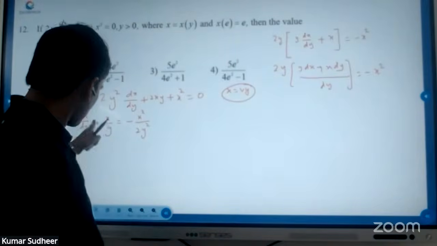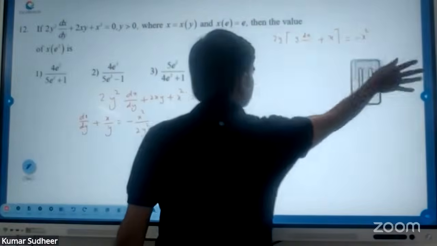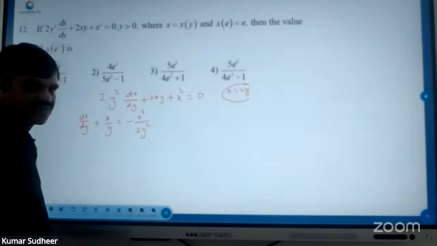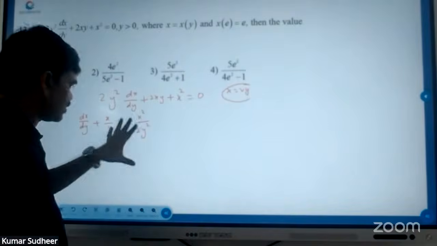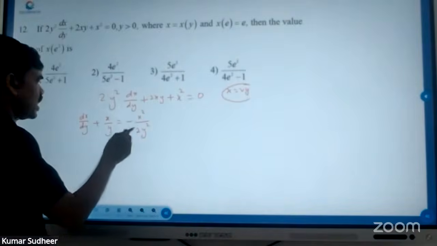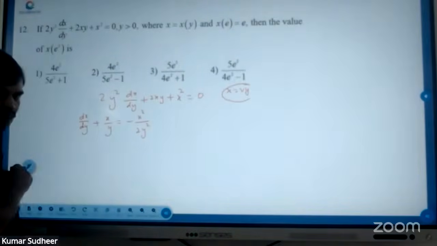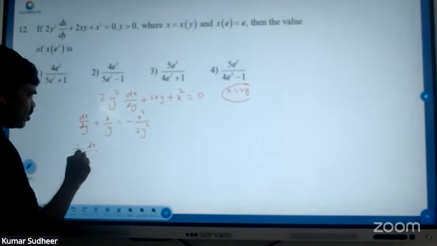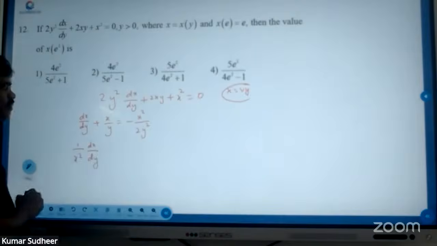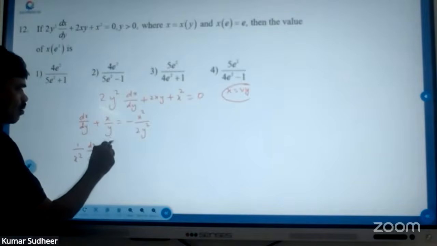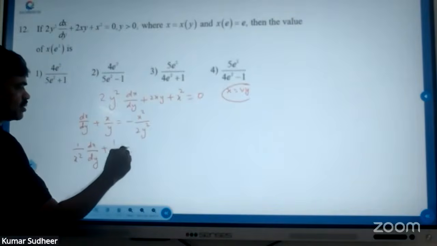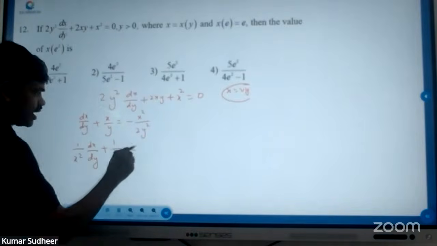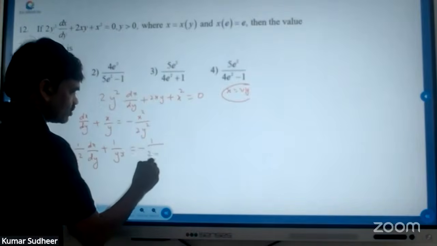So what I'm going to do, I will use this procedure actually. That means we will use the linear differential equation. For that, I have to convert into the standard form. I will divide by x squared. When I divide by x squared, 1 by x squared dx by dy plus 1 by xy, minus 1 by 2y squared.